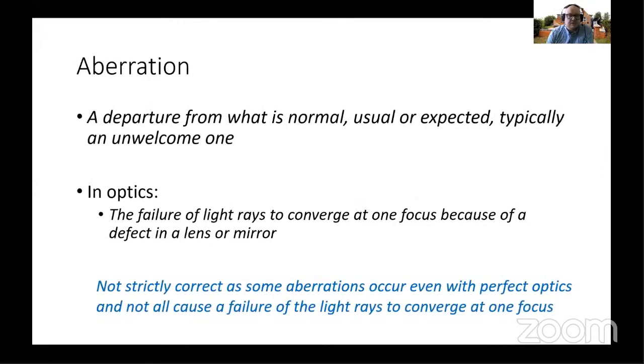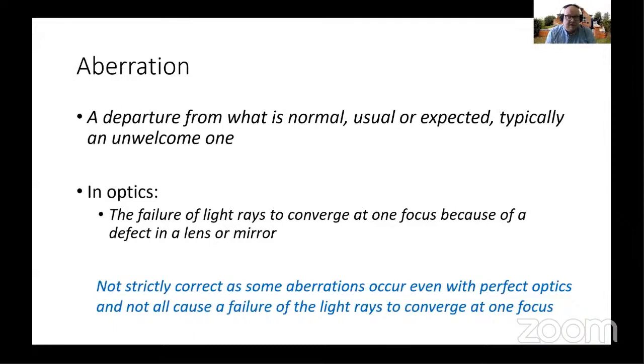An aberration, the definition is a departure from what is normal, usual or expected, and it's typically something which is unwelcome. In optics, in particular, because that's what we're interested in, it's defined commonly as the failure of light rays to converge at one focus because of a defect in the mirror or the lens.